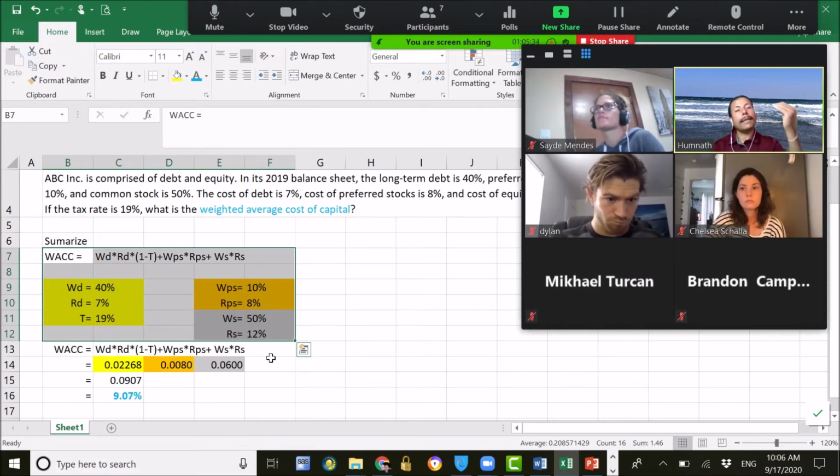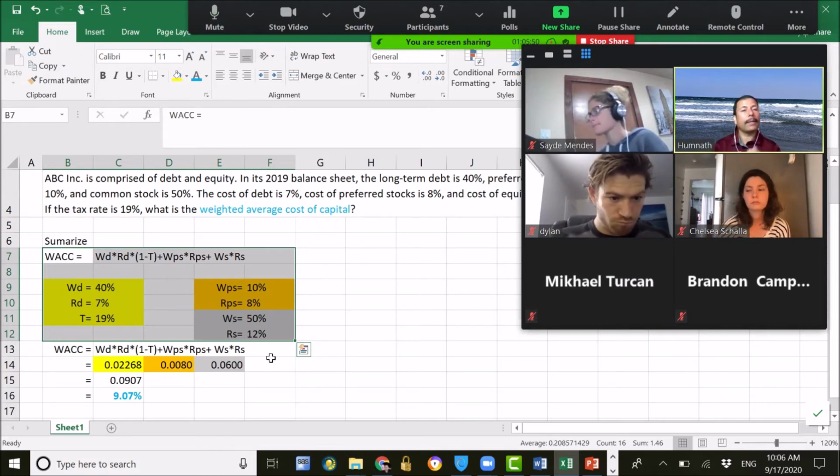It is embedded in the stock price itself. Therefore, we need to understand it that way, okay? Cost of equity is actually not the return the company guarantees to pay to the stockholder. The price structure includes that cost of equity. Question?